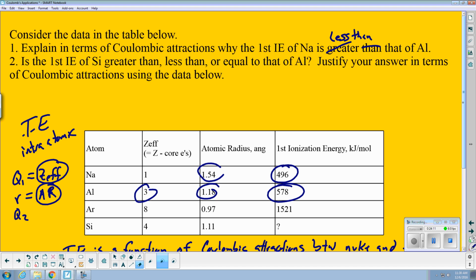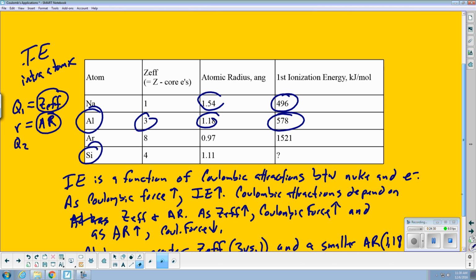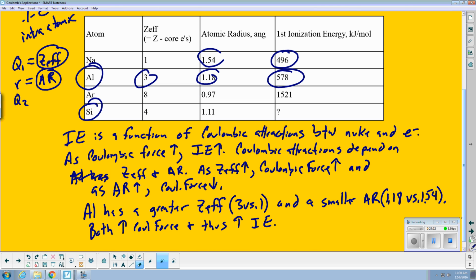Good. Is the first ionization energy of silicon greater than, less than, or equal to that of aluminum? So I'm going to look at aluminum versus silicon. Great. Here we go. All right. I'm going to go ahead and start getting rid of some of this.